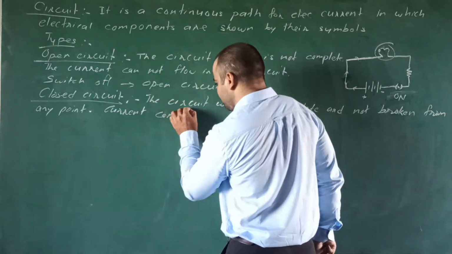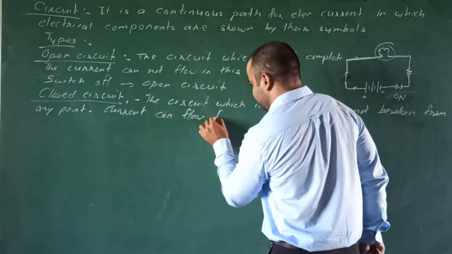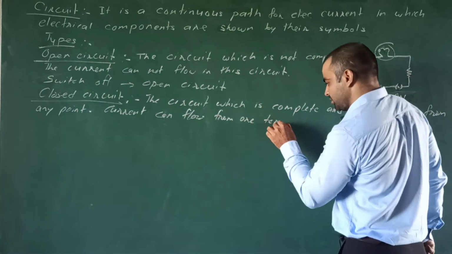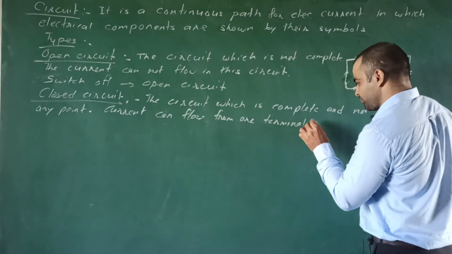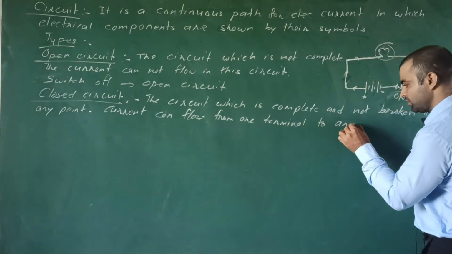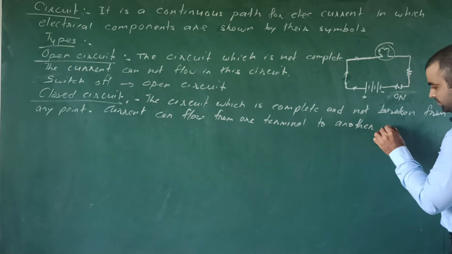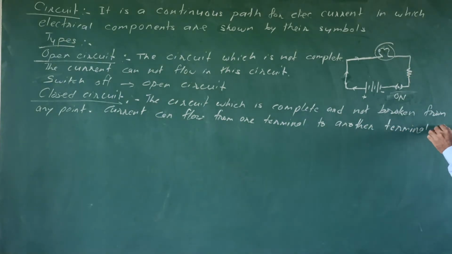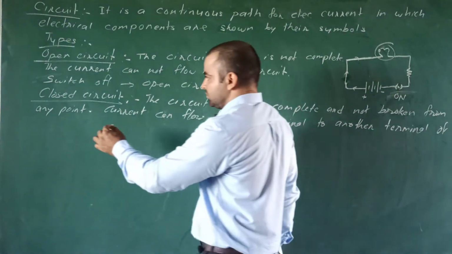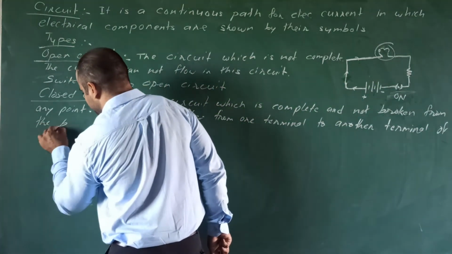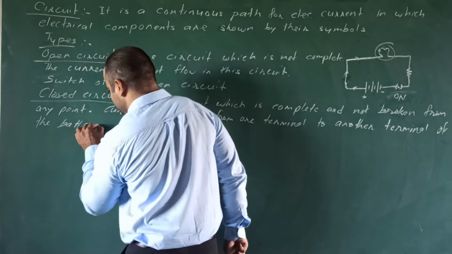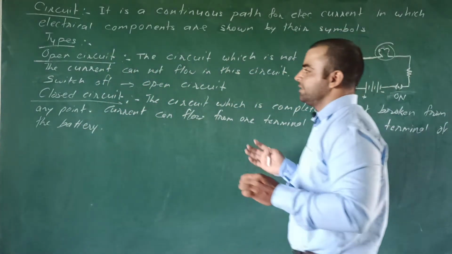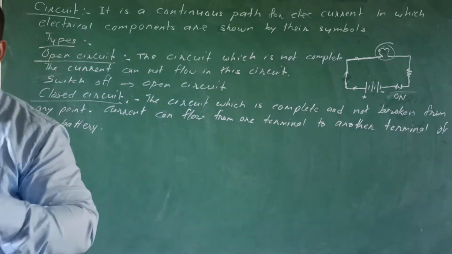Current can flow from one terminal of the battery to the other terminal. In an open circuit current cannot flow, and in a closed circuit current can flow.